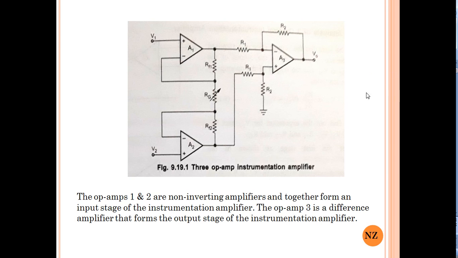So that will be the output of this difference amplifier, where R2 by R1 is the gain and V02 minus V01 is the differential input value. So this is the output of our difference amplifier or instrumentation amplifier.